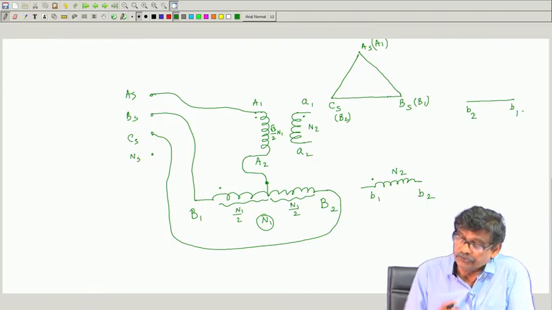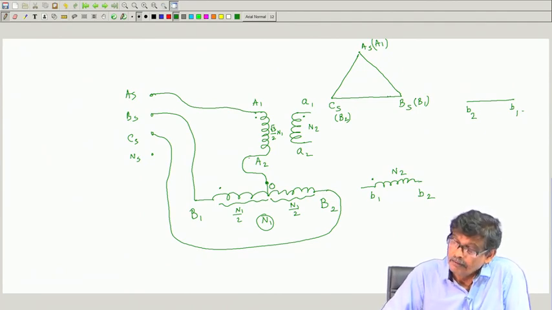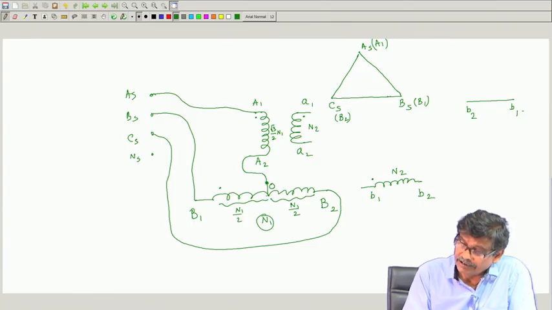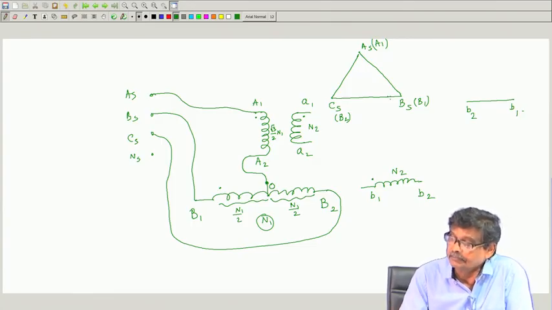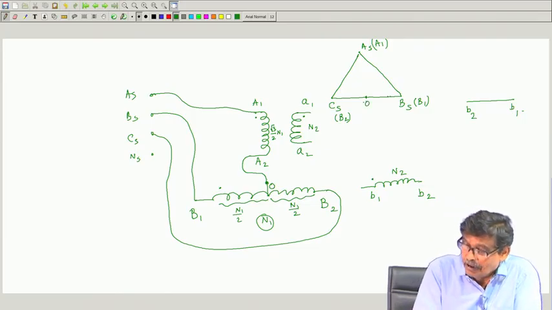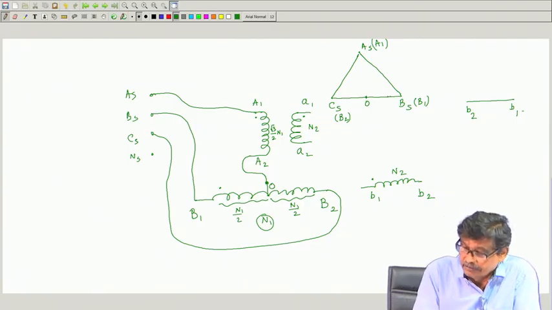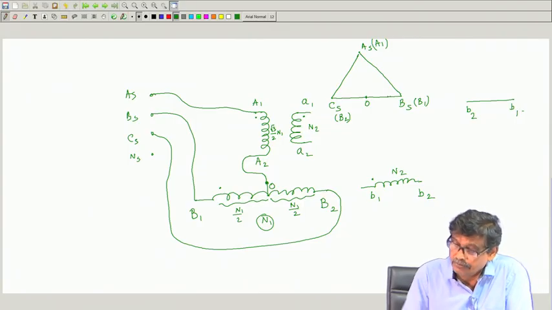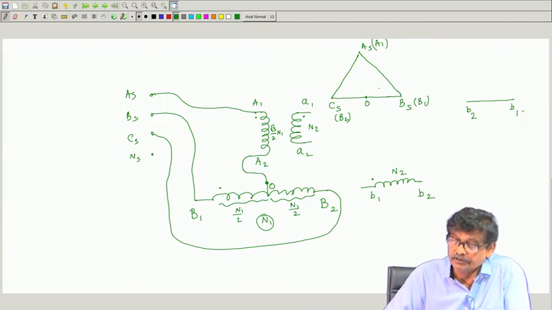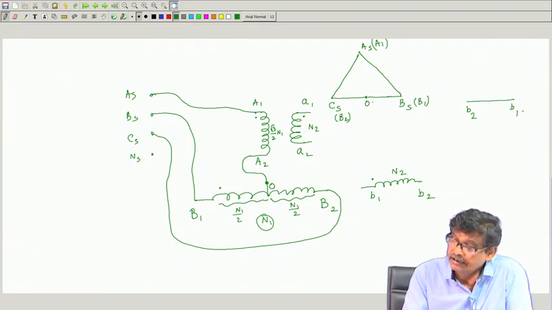Now, the question is what voltage is applied. This point I will call O, where that 50% tapping has been taken. The question is where this point O is in this phasor diagram. It must be at the middle point, because half the voltage, VLL by 2, if you move from here, you get O. The moment I get this O point, it is also your A2 point, because you have connected like that.